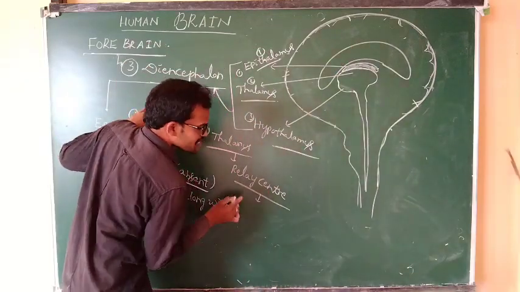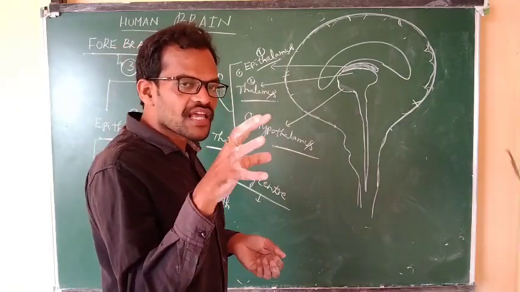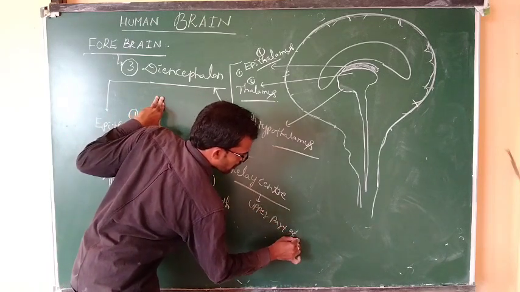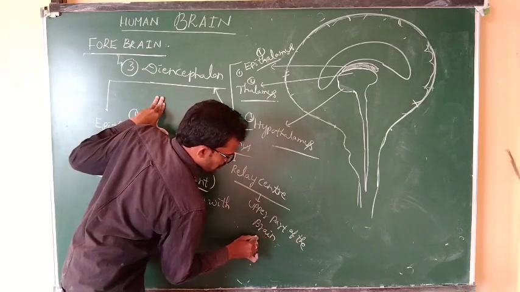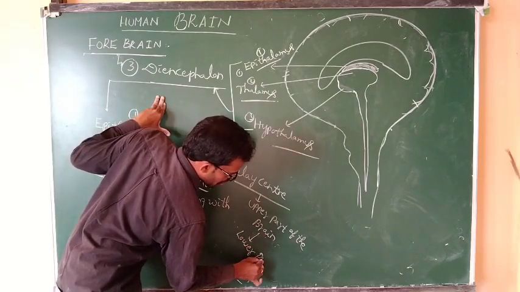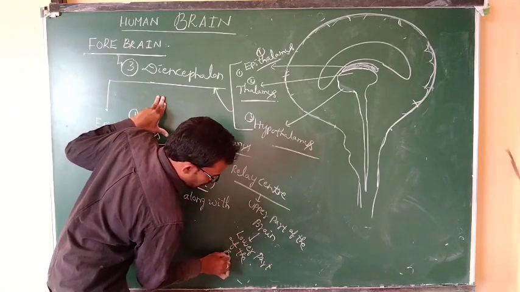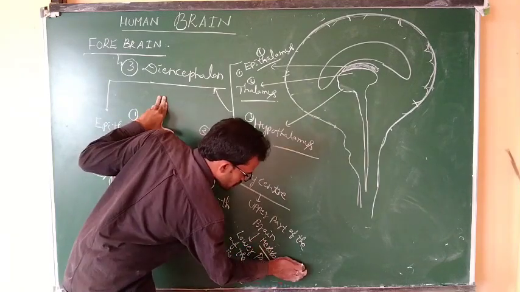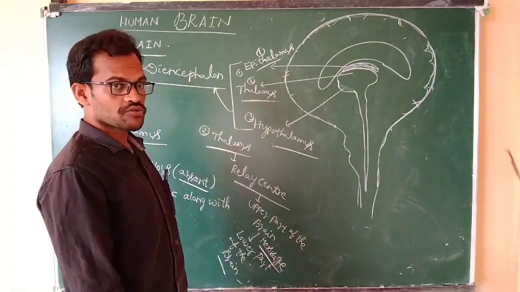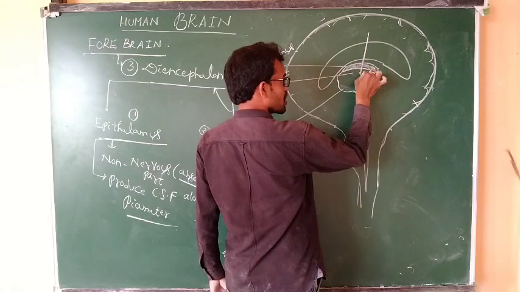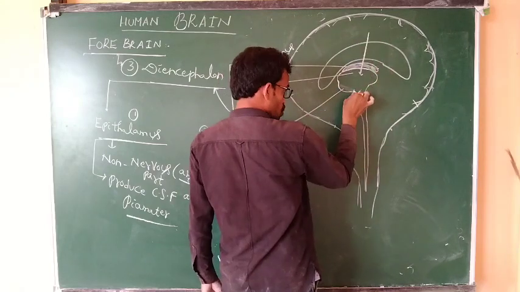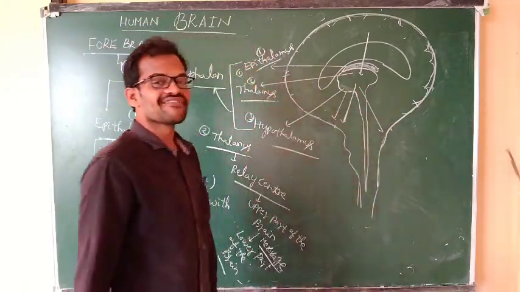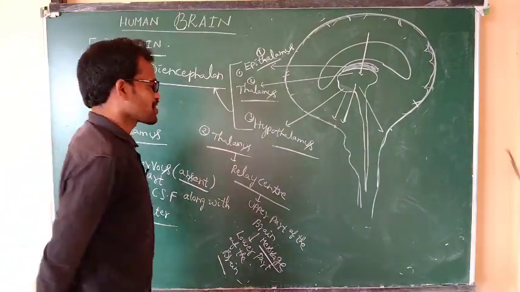They receive the information and send messages from the upper brain to the lower part. Coming to the hypothalamus.